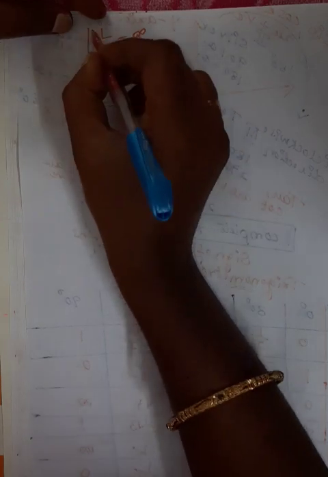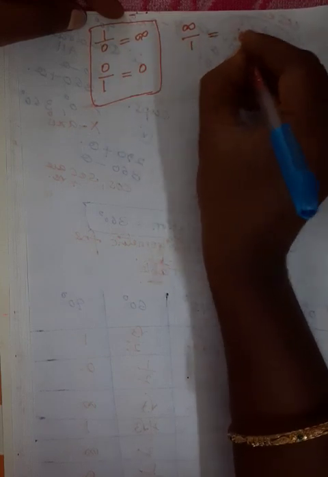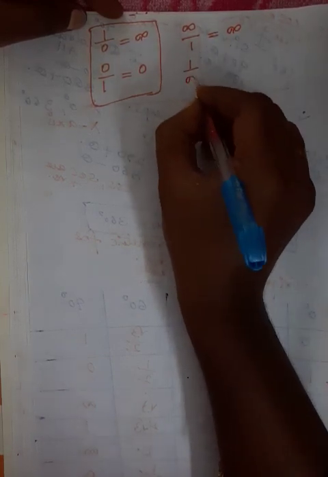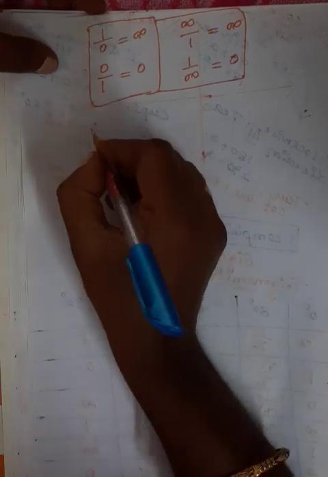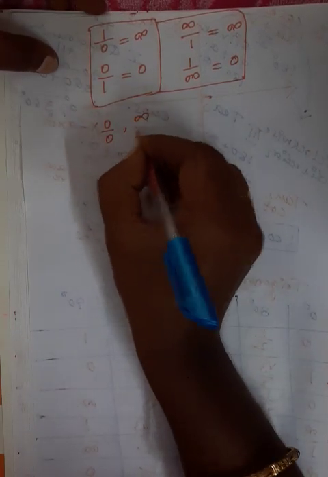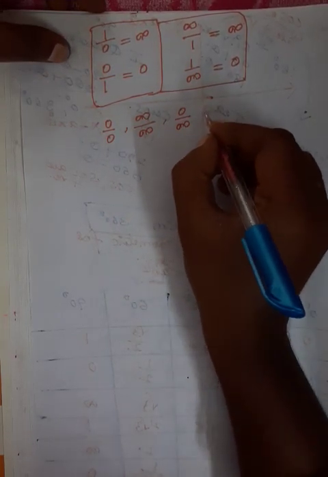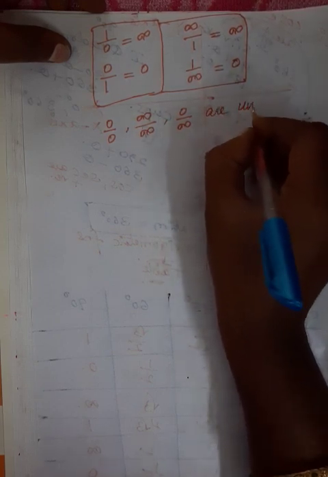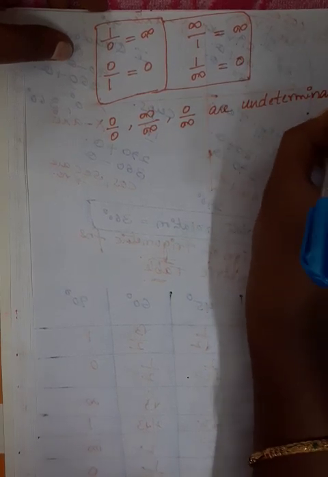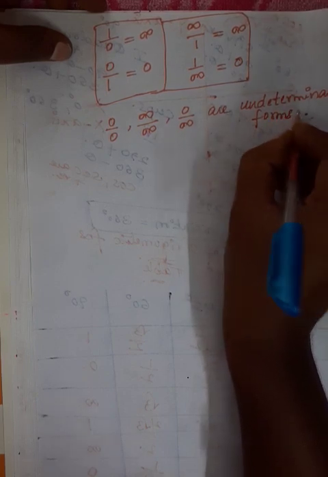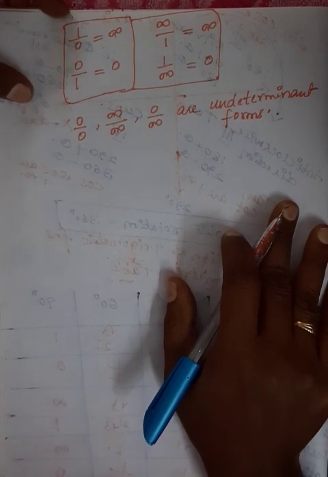Similarly, infinity by 1 is equal to infinity, 1 by infinity is equal to 0. And 0 by 0, infinity by infinity, 0 by infinity are indeterminate forms. So these values must be remembered.